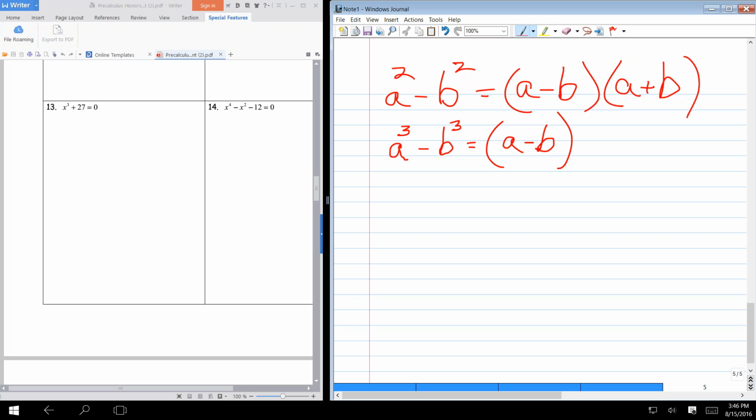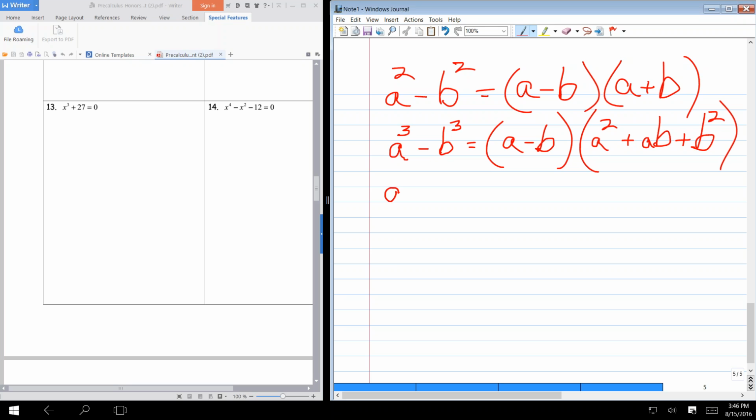First term is always linear with the same sign as we're dealing with. Second term is a squared. This is always the opposite sign, a plus, ab plus b squared. So that's how difference of perfect cubes factors.